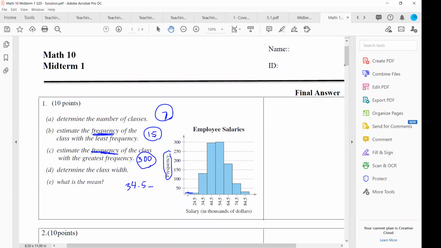The midpoint for the first class is 24.5. If I do the subtraction, it's going to be 10. So the class width is 10. You can take any two consecutive numbers, do the subtraction, and find the class width.